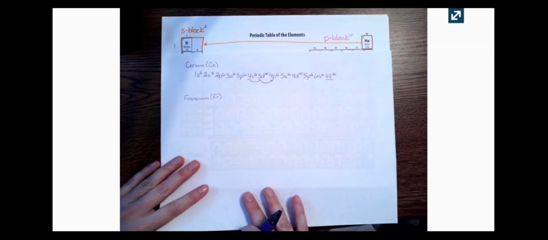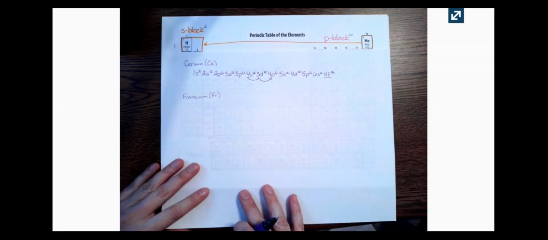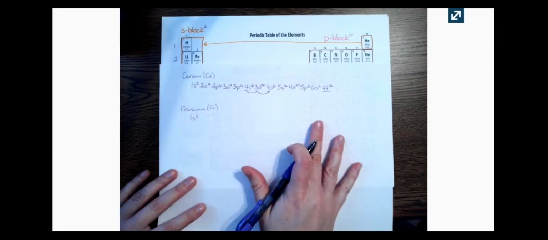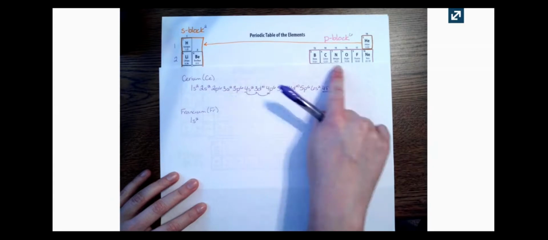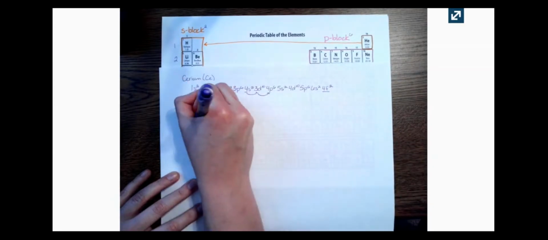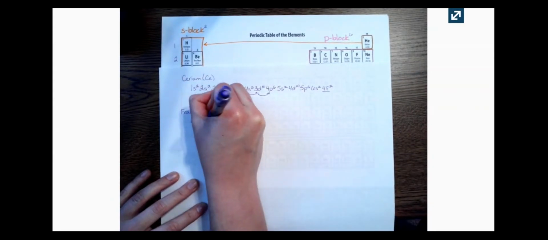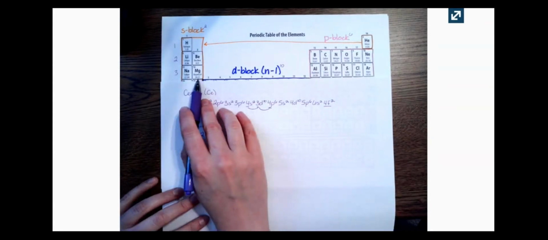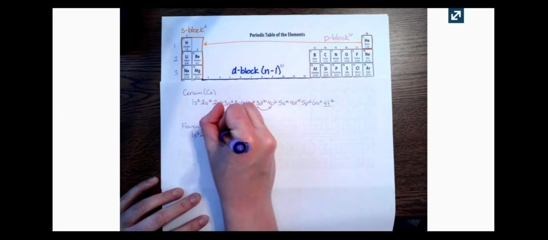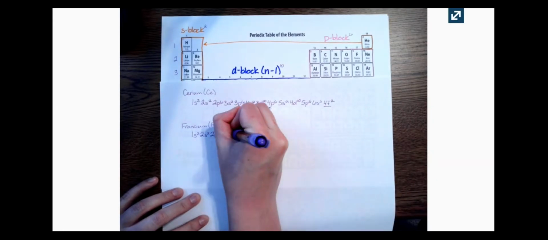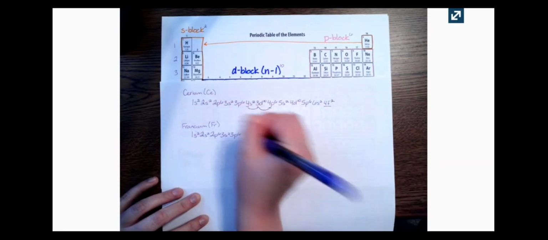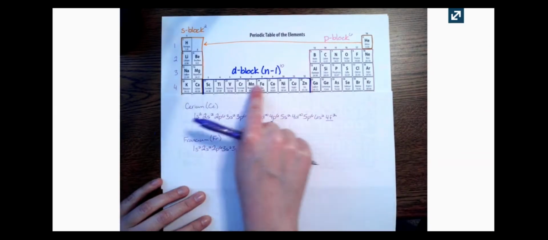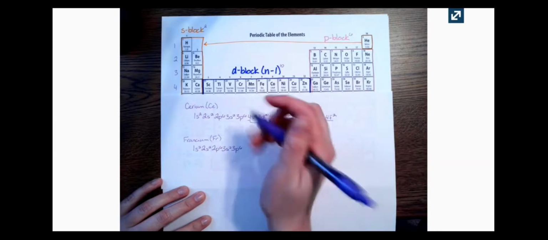Okay, so again, we start at the very top and we work our way down. So we have 1s2, and then 2s2 and 2p6. Next, we have 3s2 and 3p6. Okay, and then we have the 4s2, remember 3d10, and then 4p6.